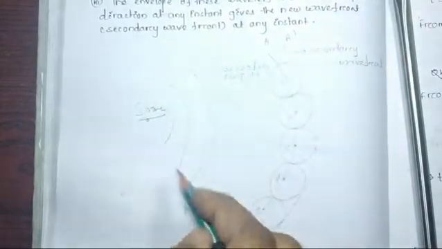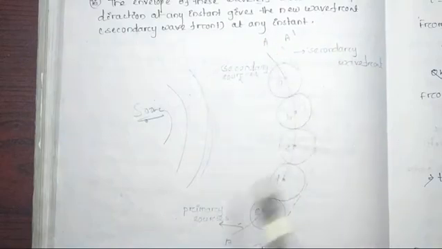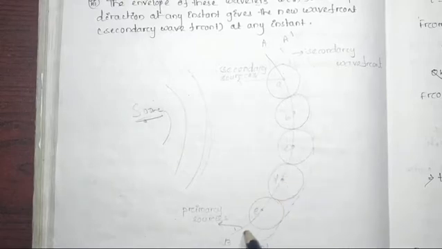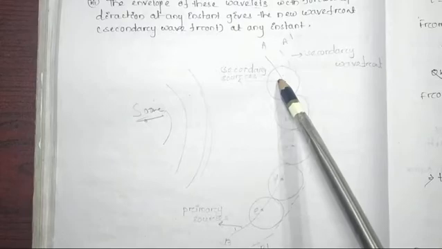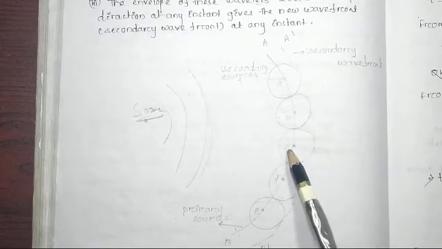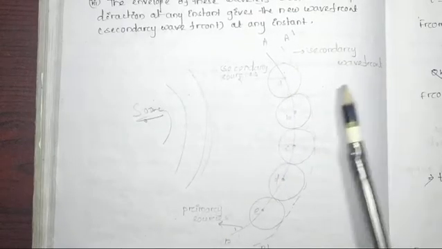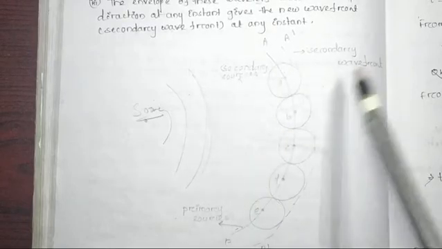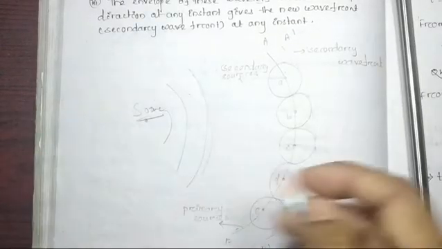If we consider that AB is a wavefront, then on the wavefront each and every point will act as a source. This point small a, this point small b, c, d. Each and every point will act as another source and send its wavefronts. Due to that, we get another wavefront like this, which is called the secondary wavefront.